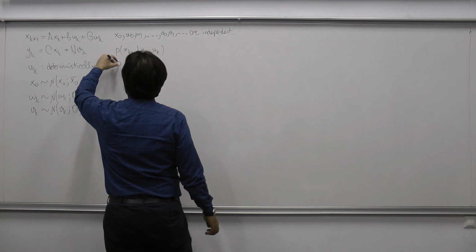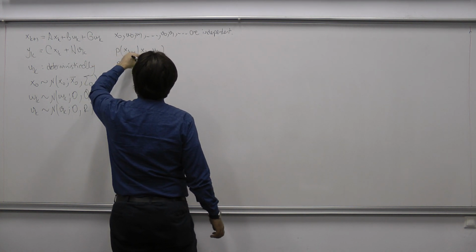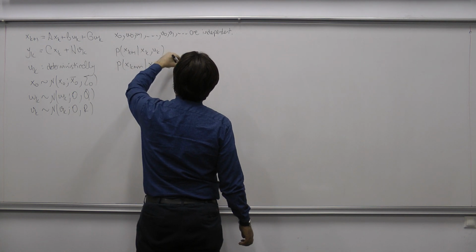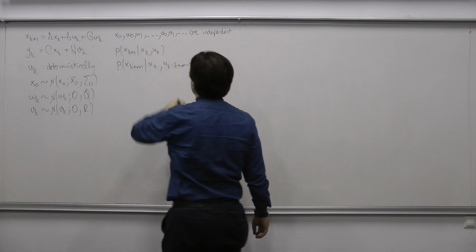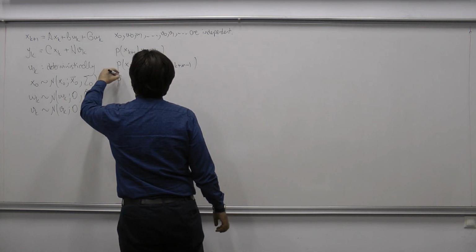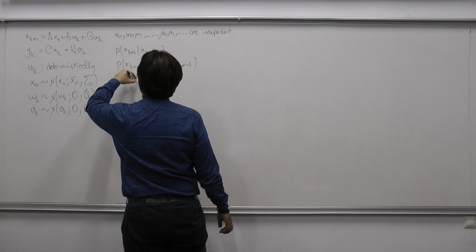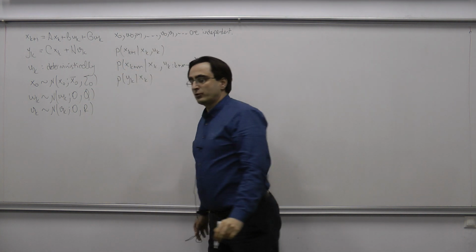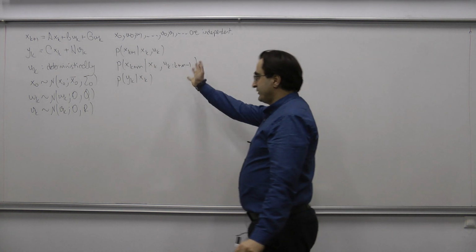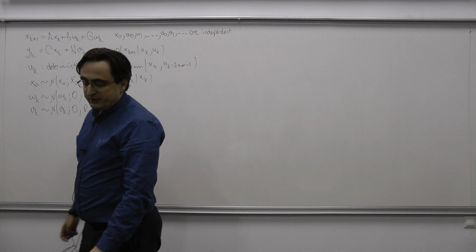And I had p of x_{k+m} given x_k, u_k from k to k+m-1, the m-step transition PDF, and we had seen so far the conditional output PDF, which is called the likelihood. And here these are, as you see, all conditional PDFs.